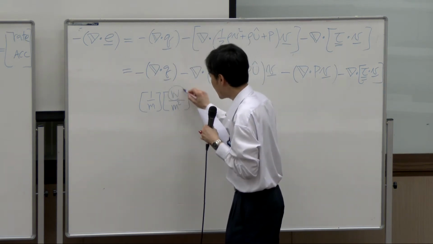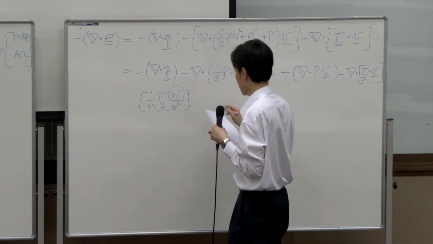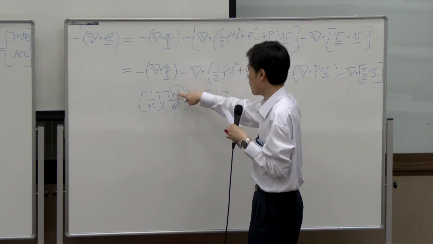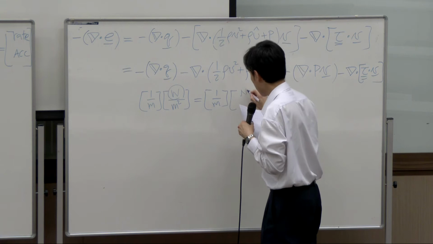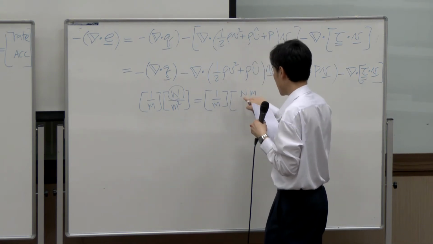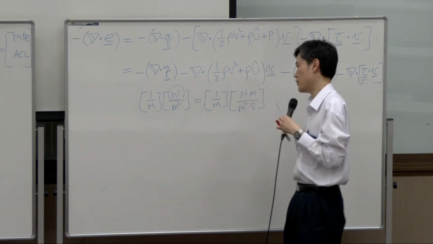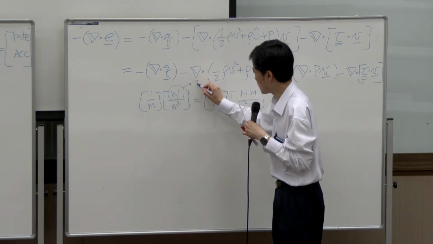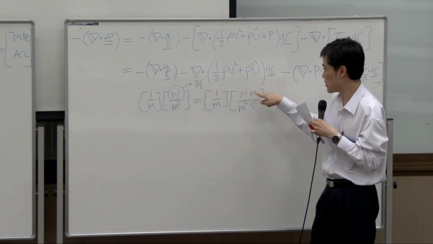Of course, watt itself is joule per second. So I have 1 over meter here. Watt is joule per second, and joule is Newton meter. So I have Newton meter per square meter second. All right? This second appears from watt equal to joule per second, and expanding this joule into Newton meter.